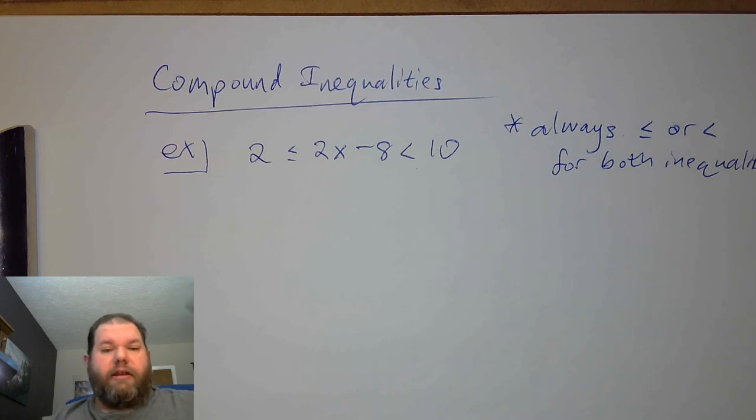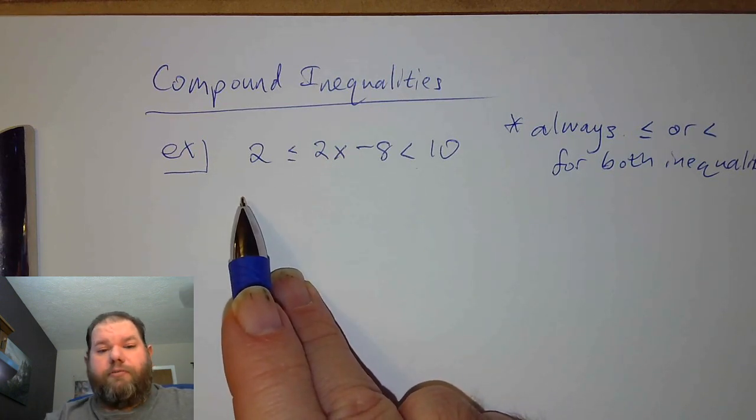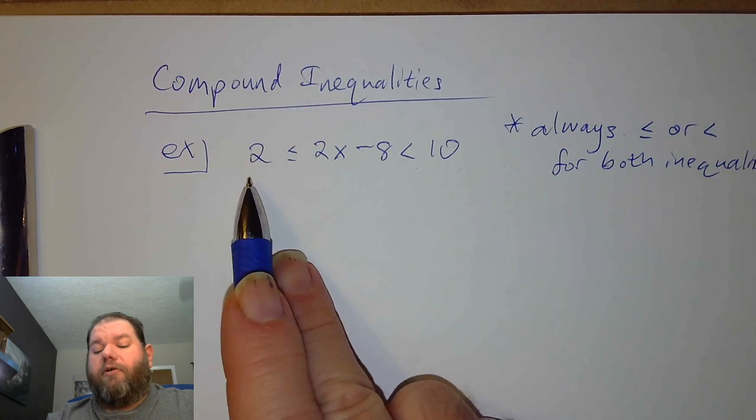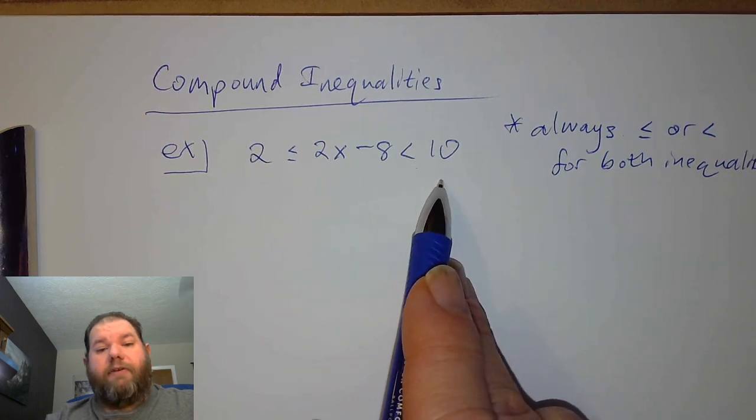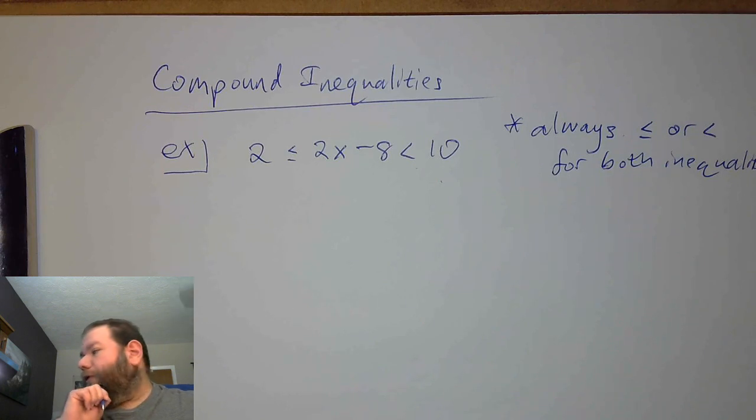The other thing that has to be accounted for here, because really what we're looking at is two different inequalities kind of merged together, is that whatever operations we do has to be done to all three pieces of this compound inequality. Okay? So, yes, they will always face the same direction.